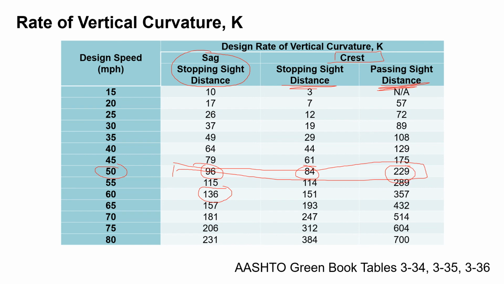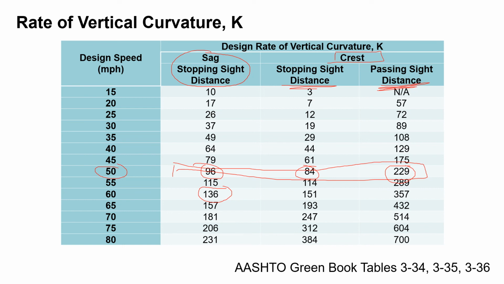Again, passing sight distance only applies to 2-lane, 2-direction roadways where passing is allowed, where the vehicle leaves their travel lane into the opposing lane of travel in order to pass a slower moving vehicle.